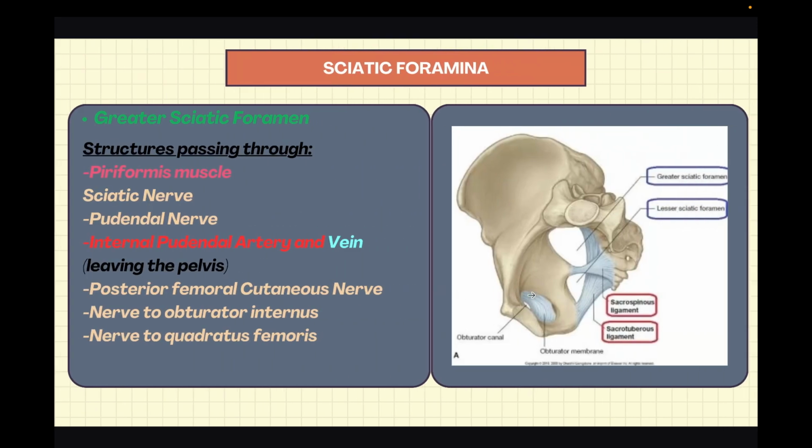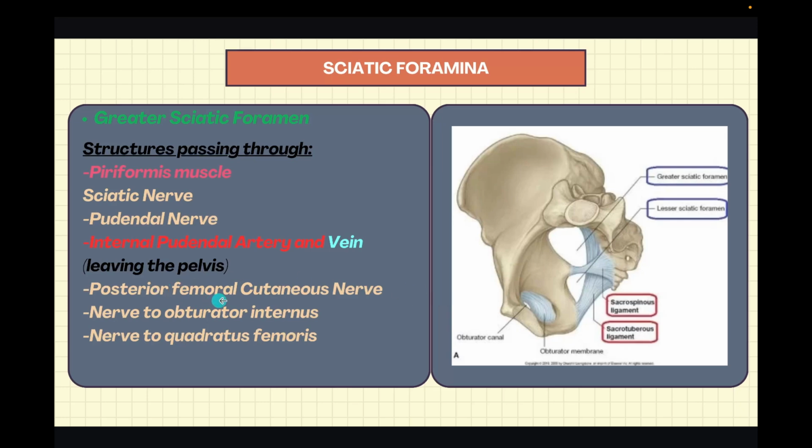Now that we talked about the sciatic foramen, let's see what each one contains. The greater sciatic foramen has multiple structures running through it. One of them is the piriformis muscle, which is really important to know. You also have the sciatic nerve, the pudendal nerve, and the internal pudendal arteries and veins leaving the greater sciatic foramen, going to the lesser sciatic foramen, which we're going to see just now.